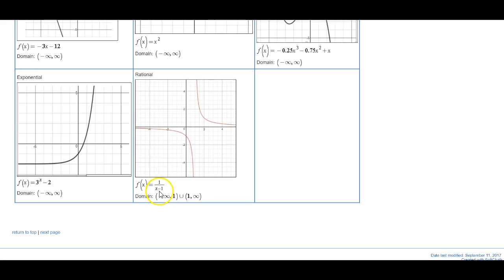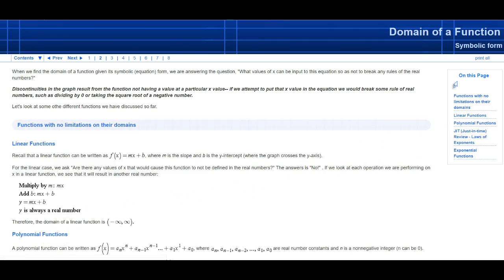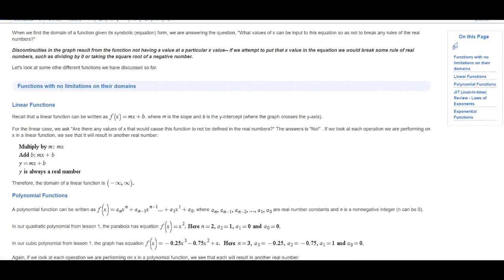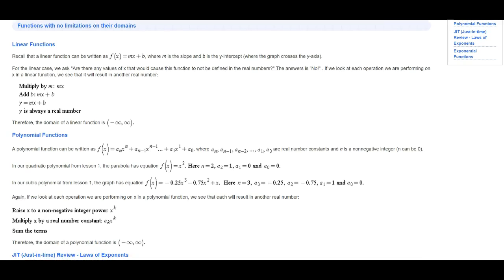So if I want to determine where a rational function does not have x values that I can put in it, I need to look at its denominator, and I need to find what values of x cause the denominator to be 0. So remember that linear functions and polynomial functions have no limitations on their domains.